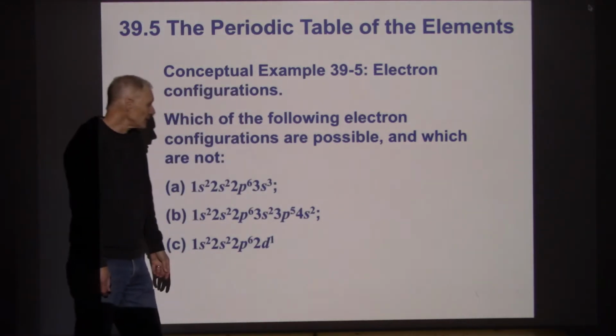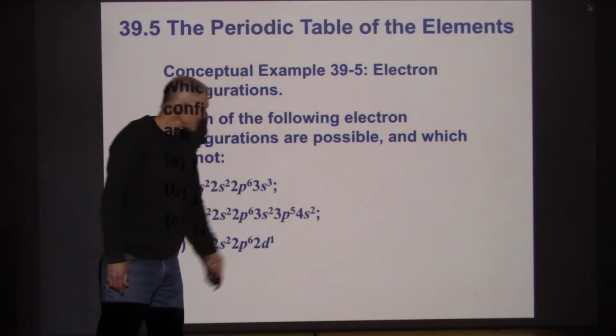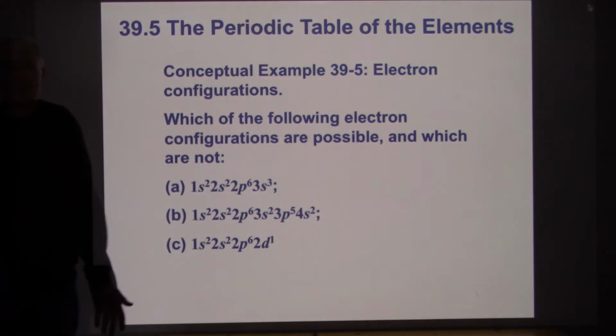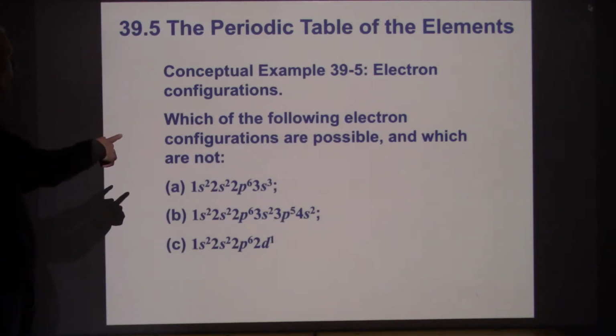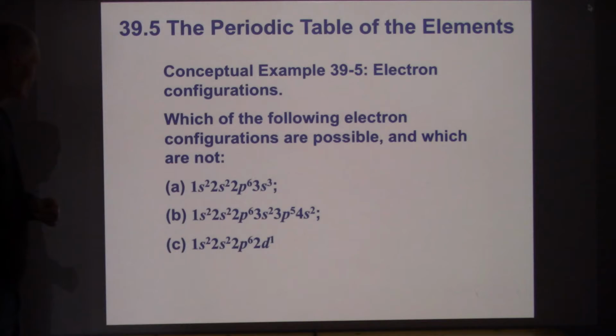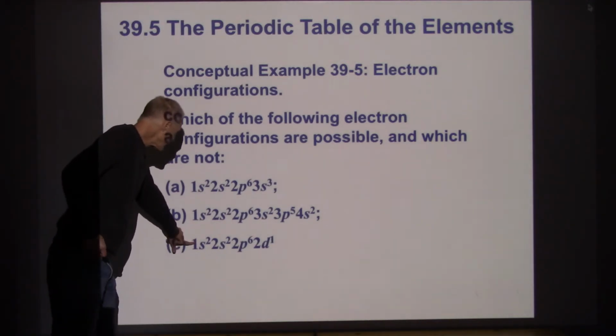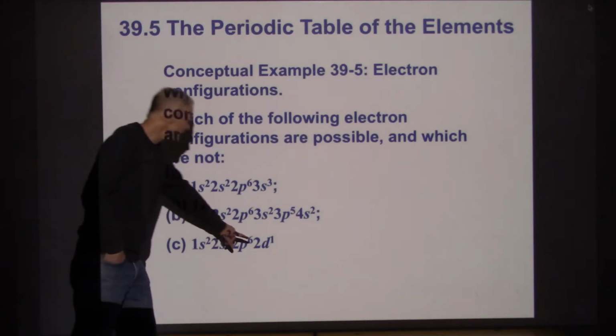So there would be an element, this is what, 18, 19, that's like potassium? Is that right? So this would be an example of potassium where one of the 3p electrons is excited into a 4s state.